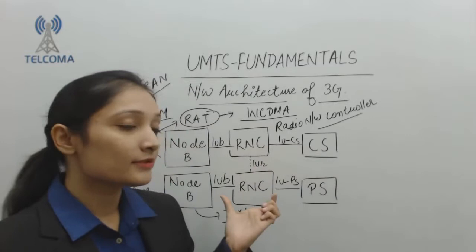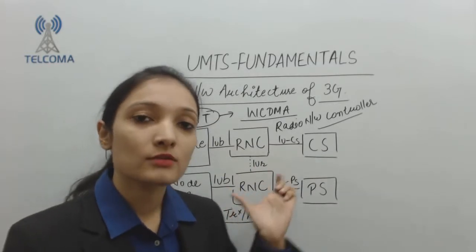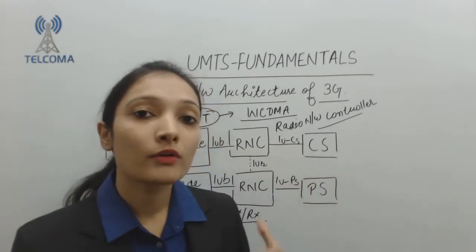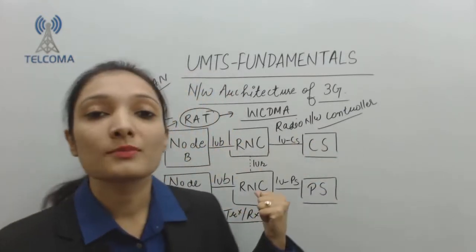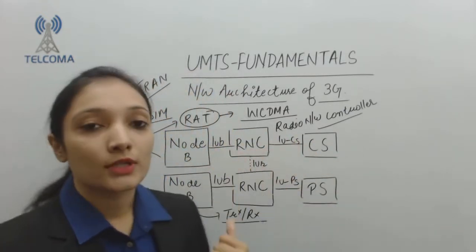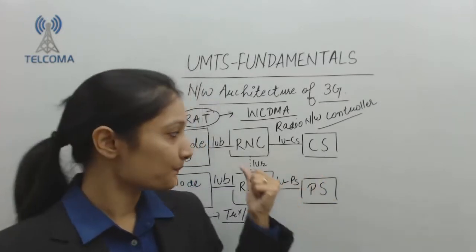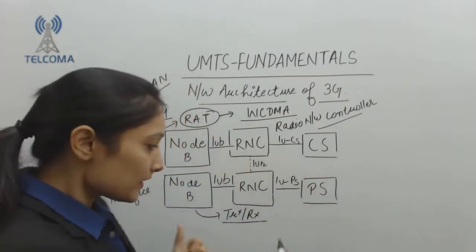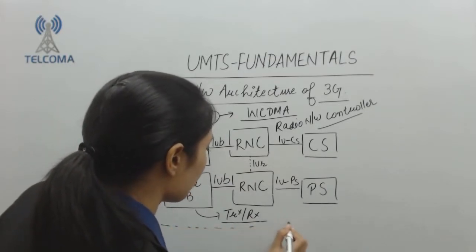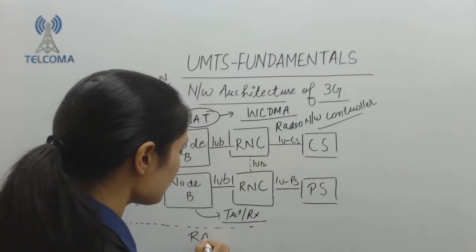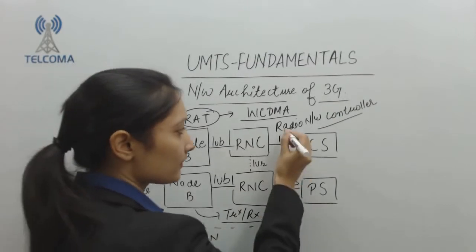The handoff procedure, that means when we are moving from one station to another, how our call will be handed to the new station, is all controlled by this radio network controller which is controlling our node Bs. Now this part, up to this part, is basically referred to as our radio access network.